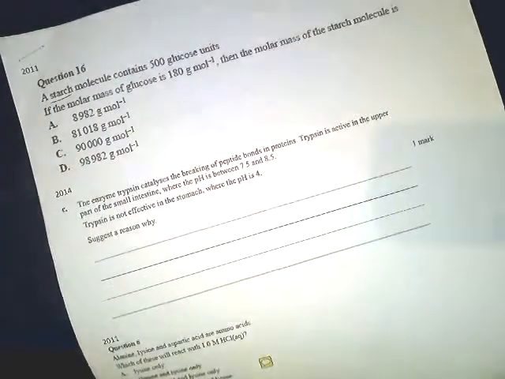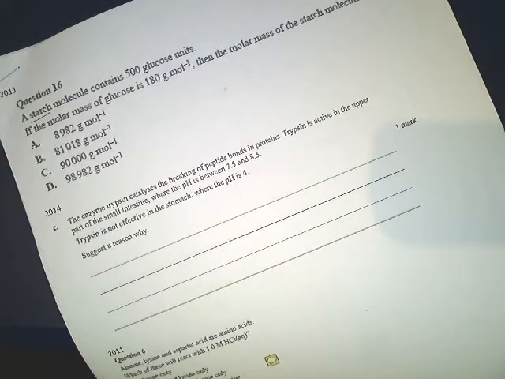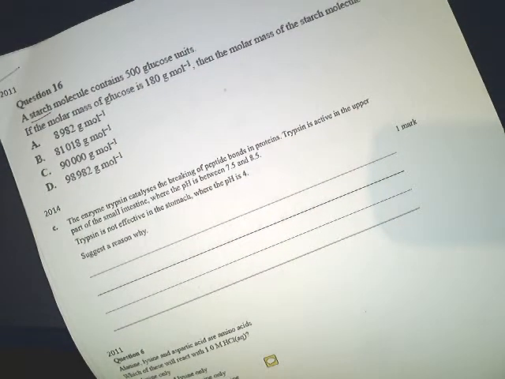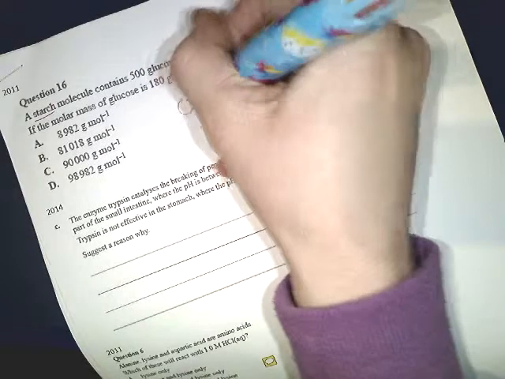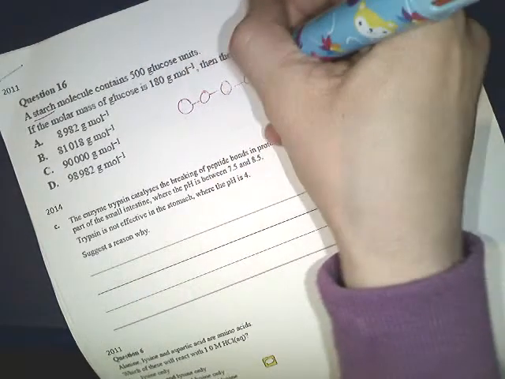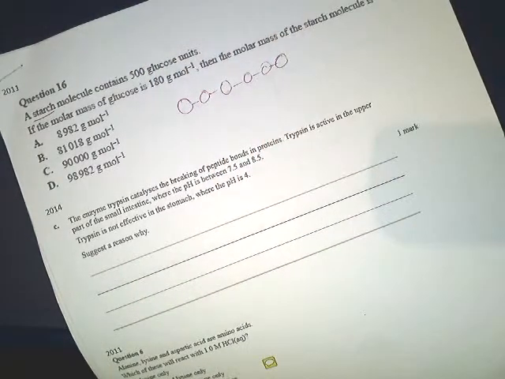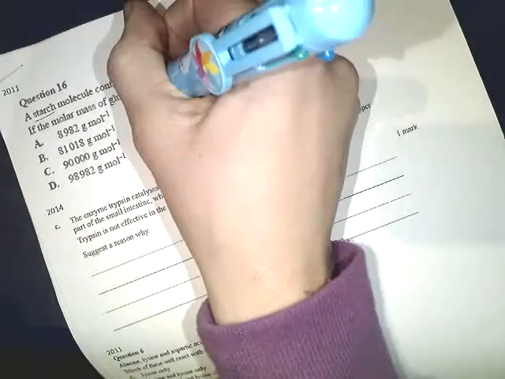It's represented in the same way as glycogen, so with the CH2OHs all pointing in the same direction, but it's less branched. Regardless, starch is made of 500 units, so you can imagine 500 monomers together. So the molar mass of glucose is 180 grams per mole.